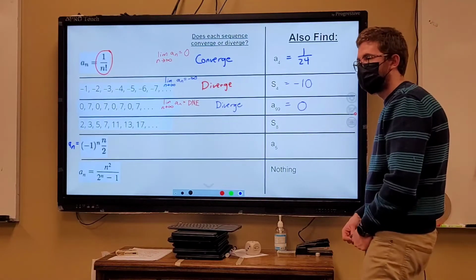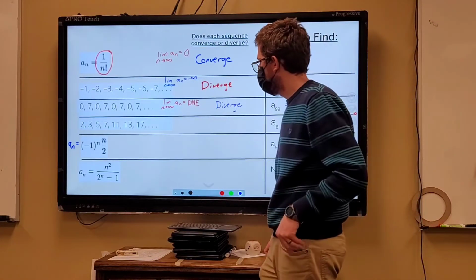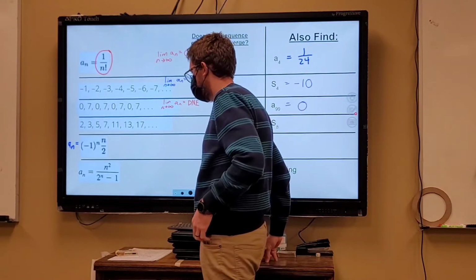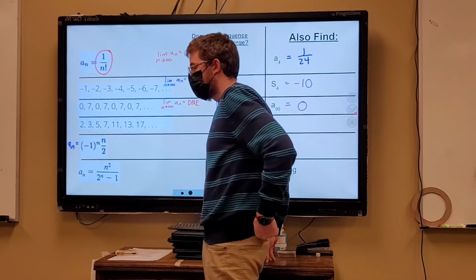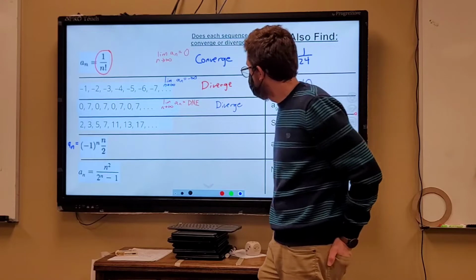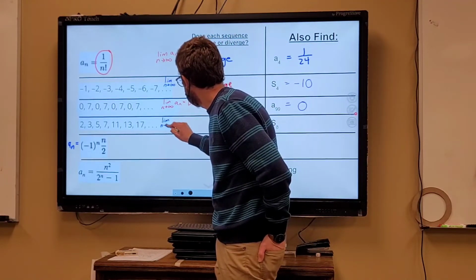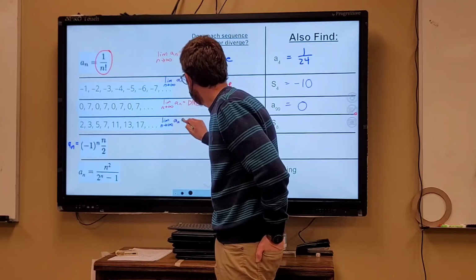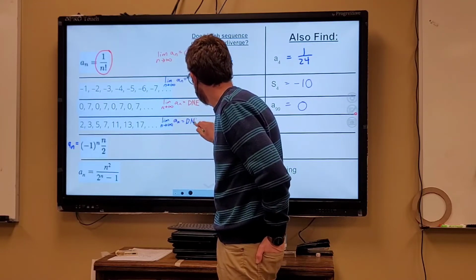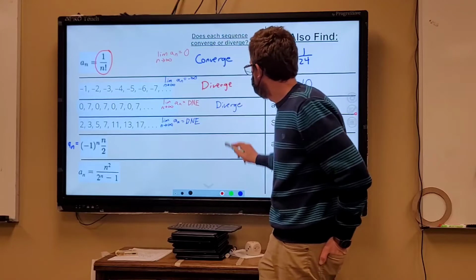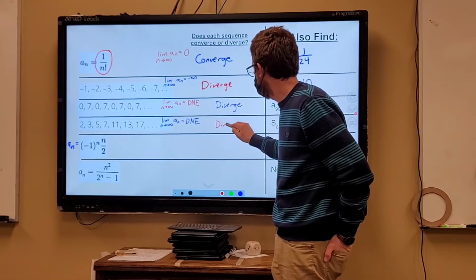I got 0. For which one? I think it converges. I plugged in 100 for the last one. I got 0. I think it's divergent since it was 2 ways.